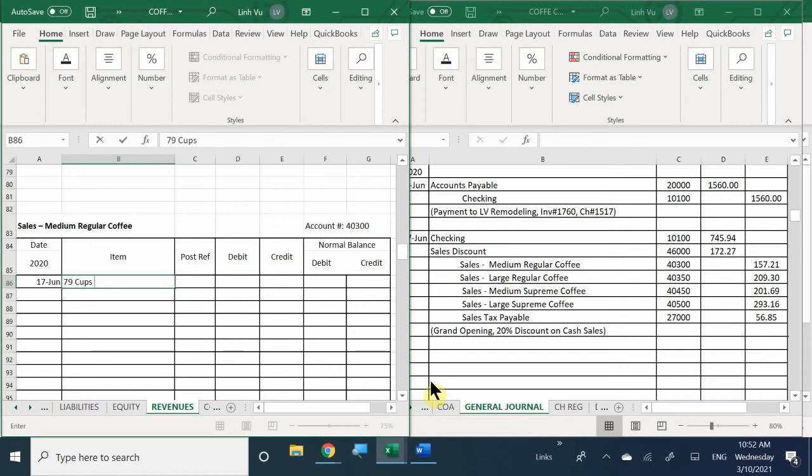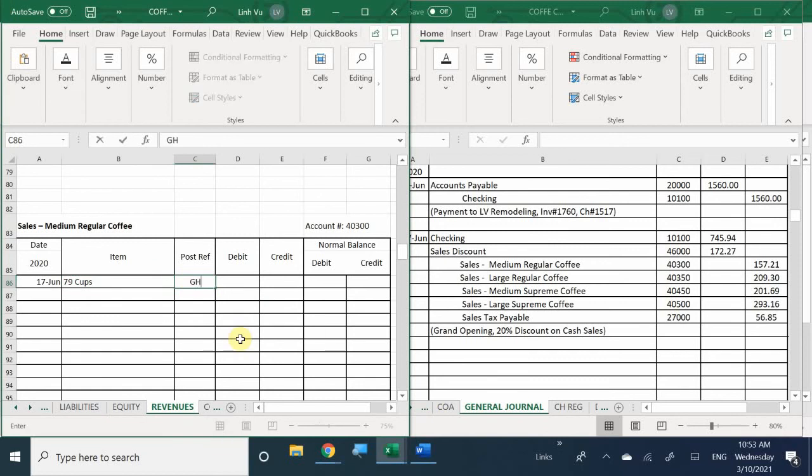Later on, we'll understand that instead of expensing it as just a total amount, we're going to break it down to see how many actual cups we sold, and we're going to use cost of material to expense it. That's not going to happen till the very end of the period, or the end of the month in this case. So it is important I keep track of how many medium cups I used and how many large cups I used. Here, I sold a total of 79 cups for the medium coffee.